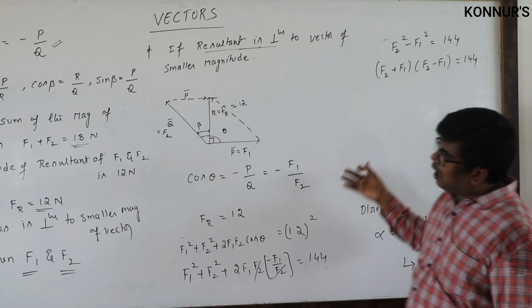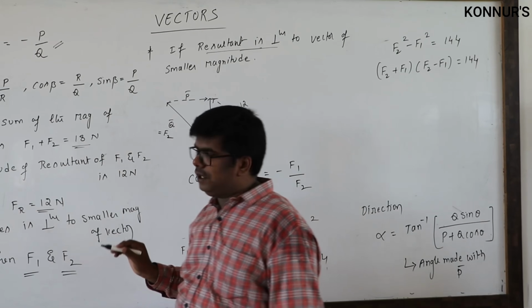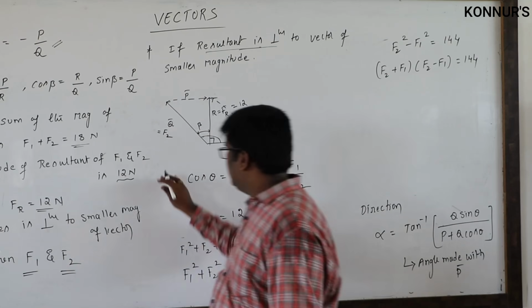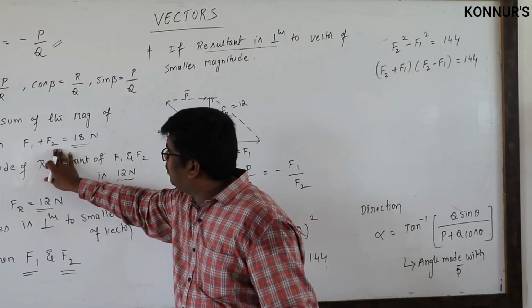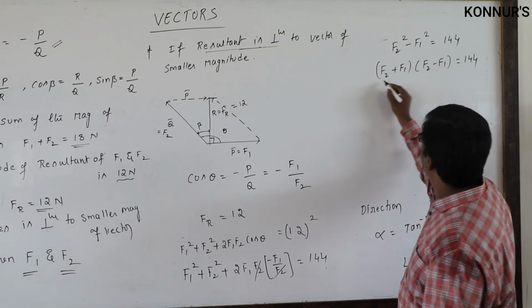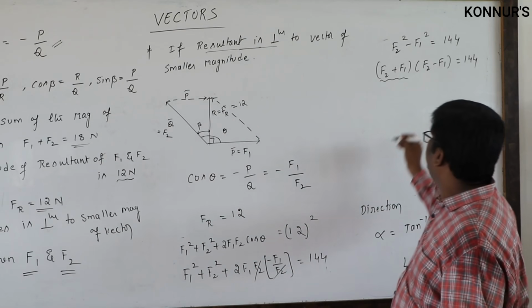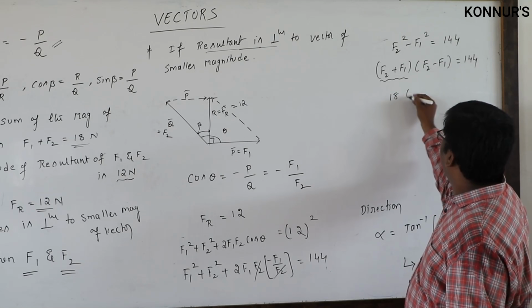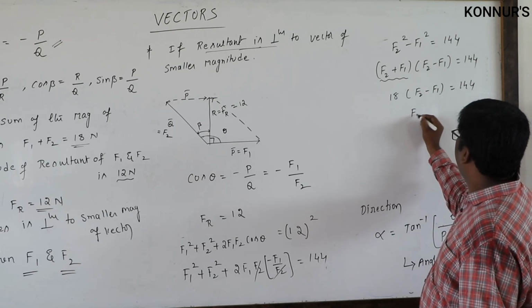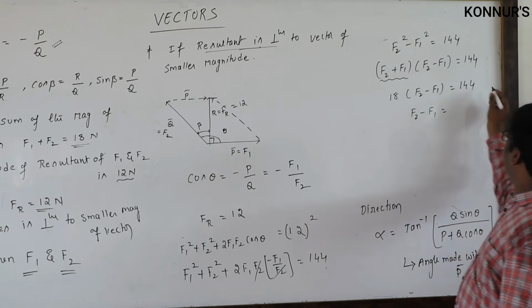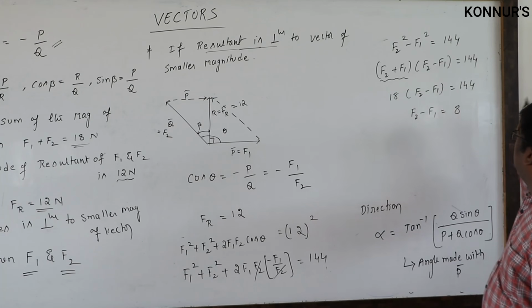Observe the information they gave: the sum of the forces is 18 newtons and the resultant is 12 newtons. From the resultant we obtained this. Since the sum of the forces is 18 newtons, you can replace F2 plus F1 with 18. Therefore, 18 into F2 minus F1 equals 144. Then F2 minus F1 is 8, as the 18 cancels.